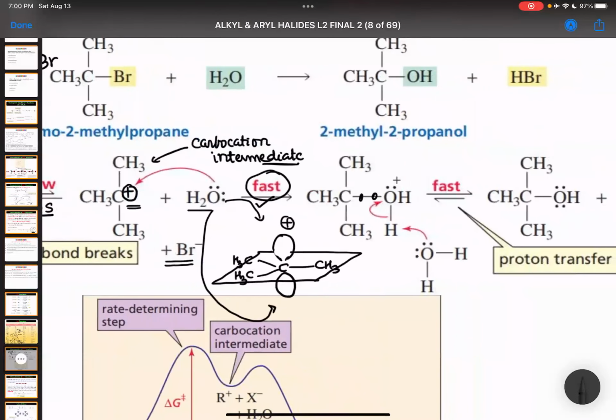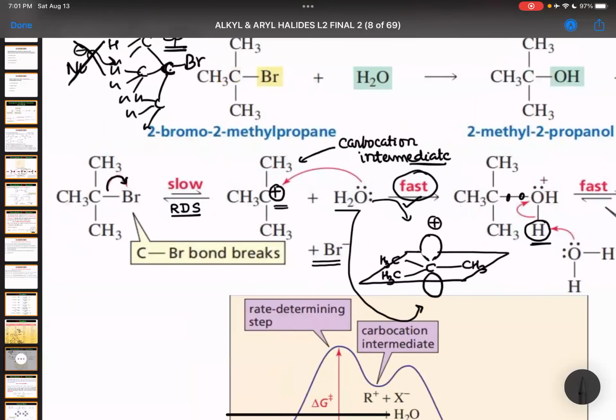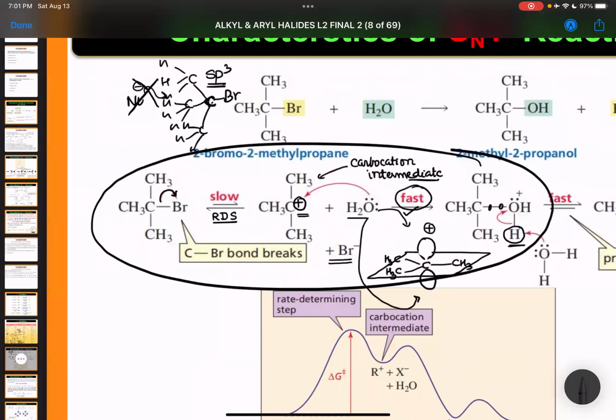Finally, because water is the nucleophile and it has O plus, it will become neutral by removing its H plus. This is just a simple step, not part of the main steps. The main steps are these two.